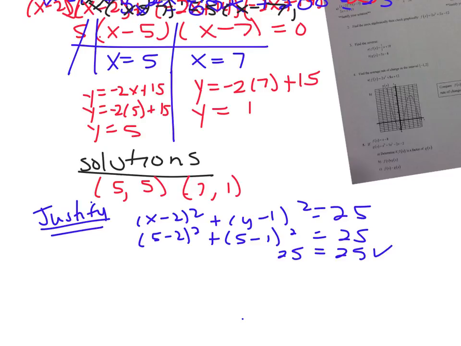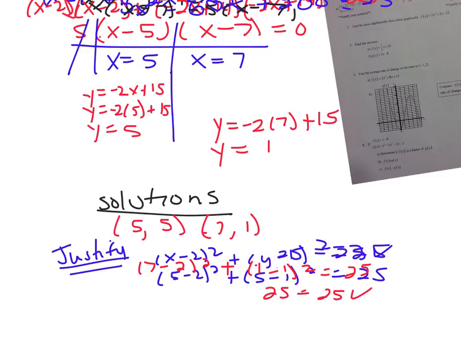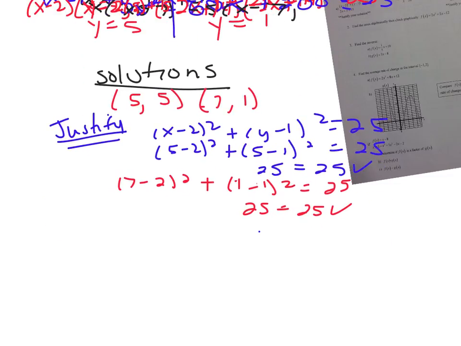Now we're going to try 7. (7 - 2)² + (1 - 1)² = 25. So plug it into your calculator, we get 25 equals 25, and that checks. All right, so we're not done. That was the circle that we justified. Now we have to justify the linear. So the linear is y = -2x + 15, oh sorry, not that.